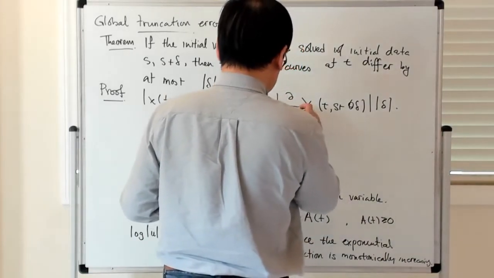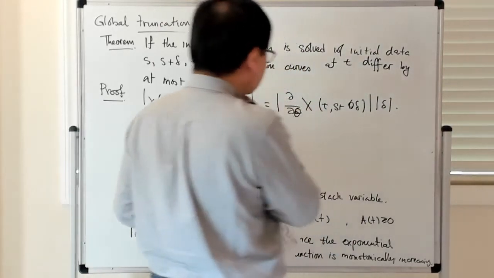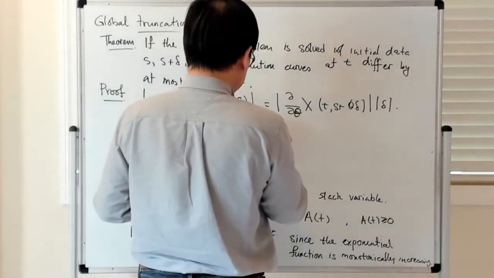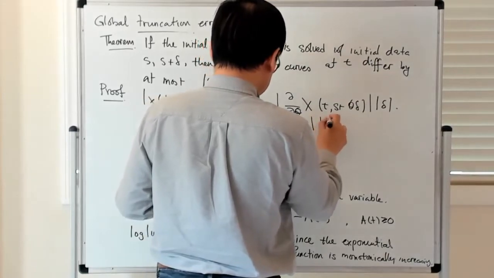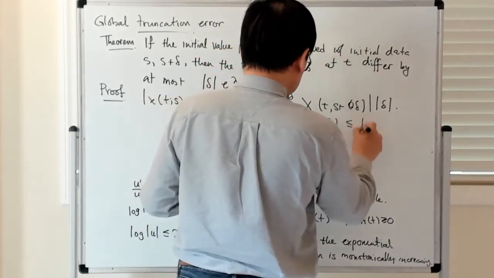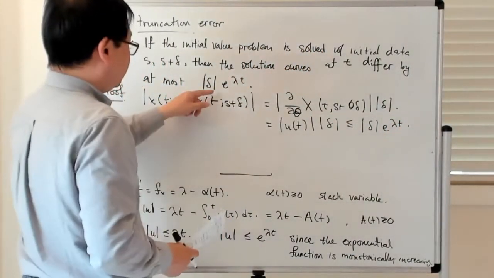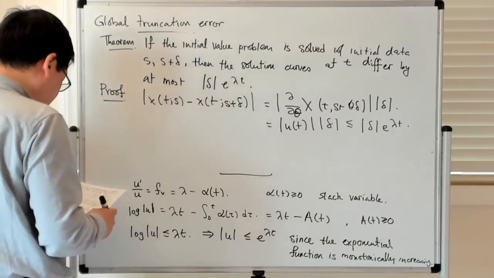It's basically just the sensitivity, if you will, in this delta direction. This is just absolute value u of t times delta. This is less than or equal to the absolute value of delta e to lambda t, right? Which is sort of what we showed. Okay, so it's just an application of the first theorem, if you will.